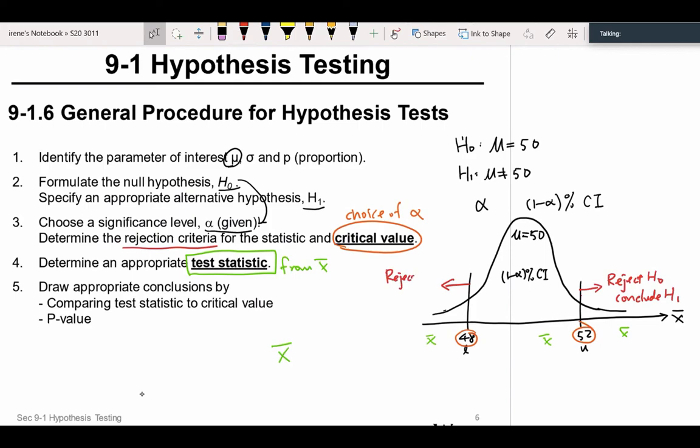Reject the null hypothesis, conclude H1. Okay, so these are my rejection area or rejection criteria.